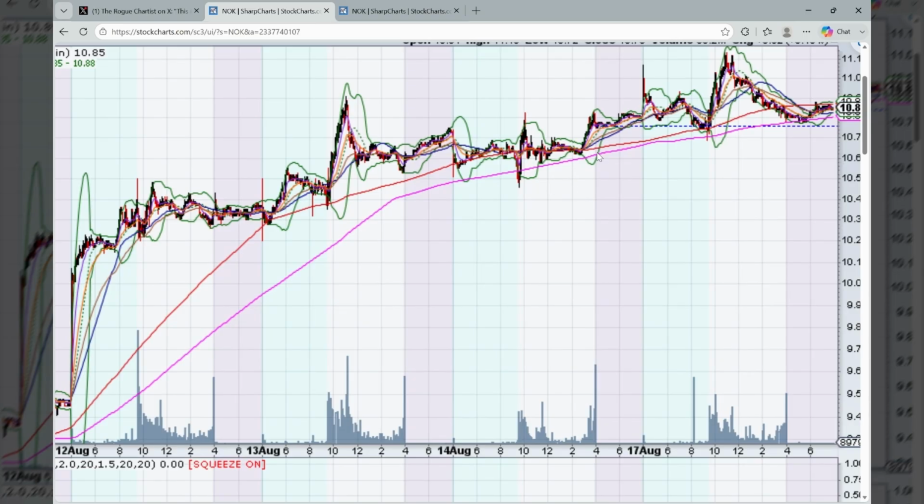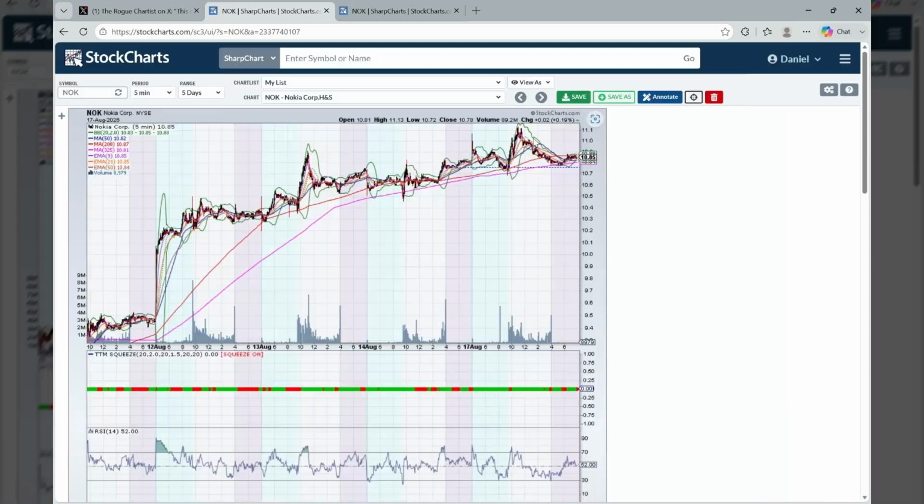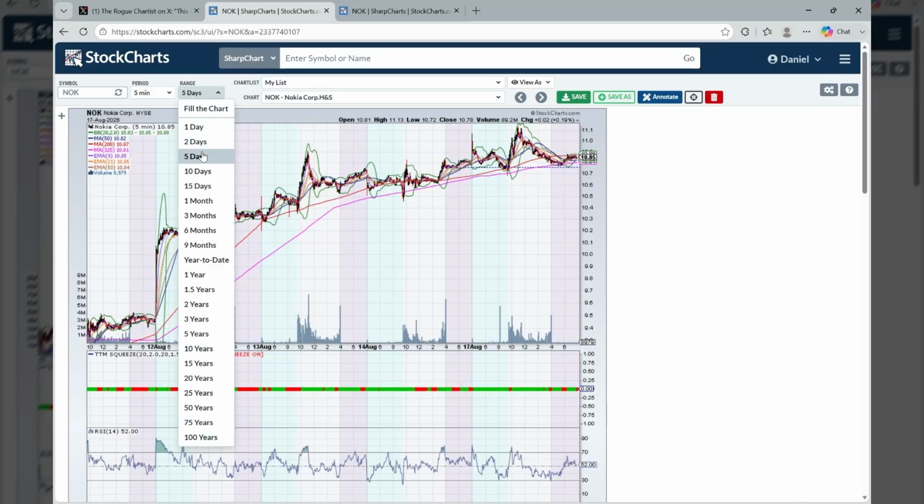And that's what piqued my interest on the 14th, because it came up, came back down, and, I'm sorry, this is the 14th. So it came up, kind of created a bear flag right here, and then came up again, and then in pre-market, oh, I'm sorry, after hours. Let's zoom in a little bit closer.